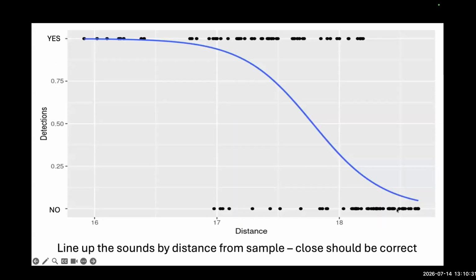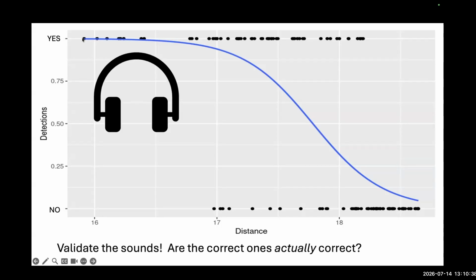Okay, and so you can line up all the sounds that you get by distance, and you can validate them. You can see that sounds that are close in Euclidean distance, between 16 and 17 in this case, are, yes, your species, and there are ones that, no, are not your species, okay?